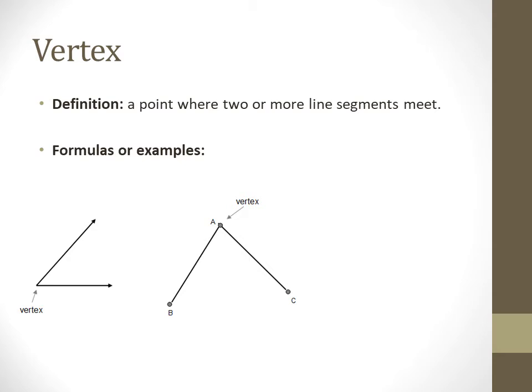That's essentially where we are going to measure the angle. So this is for two lines, but like it says, it could be more line segments. So think about a triangle, okay? A triangle is going to have three vertices. And again, we can measure each of these. It will tell us information.